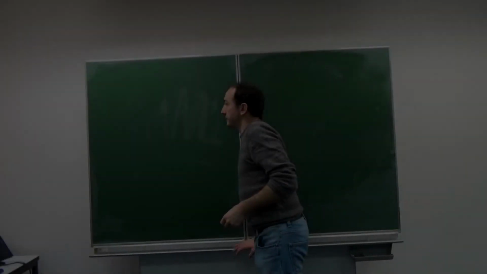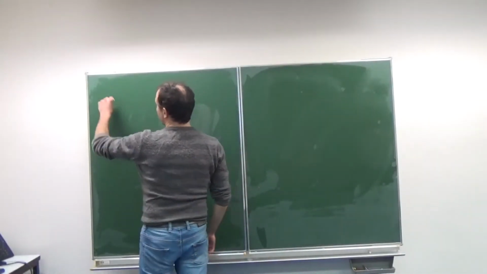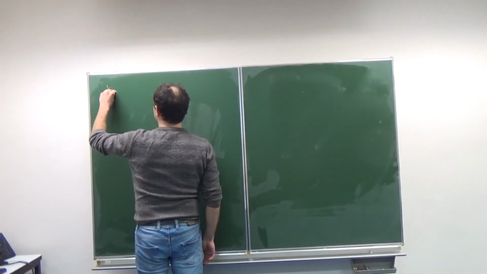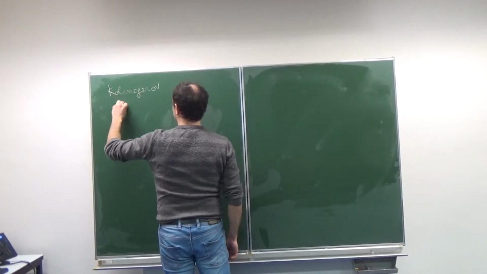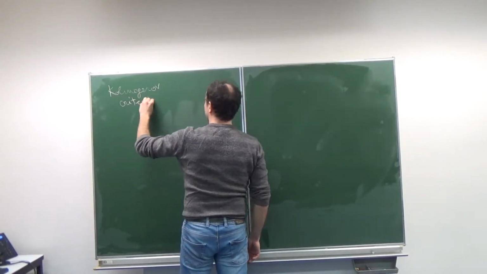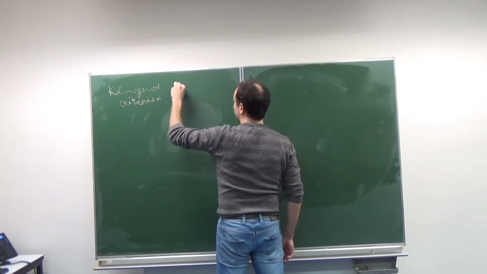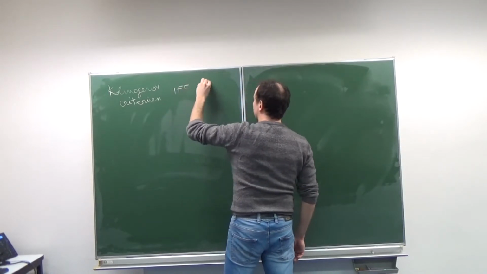Okay, so the claim is the Kolmogorov criterion: if and only if detailed balance.